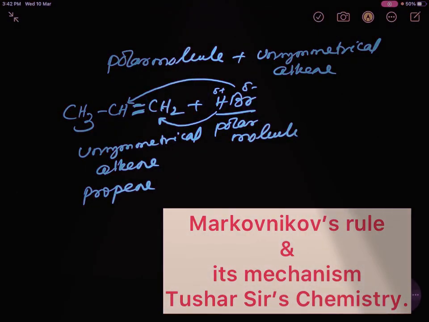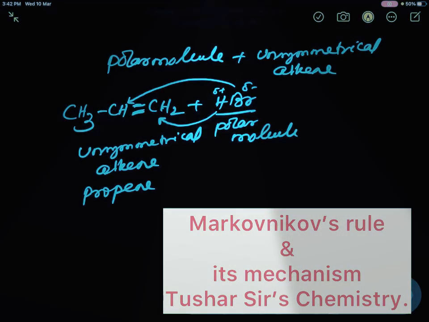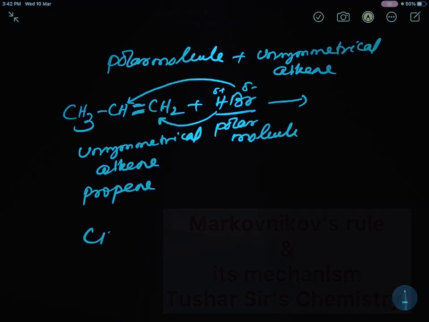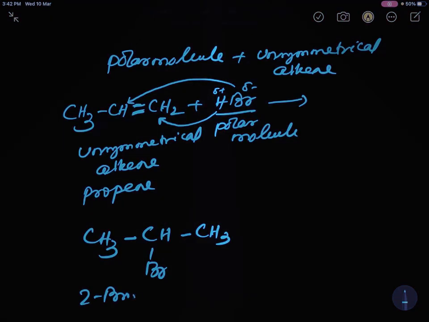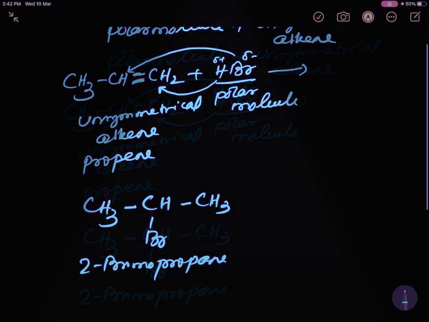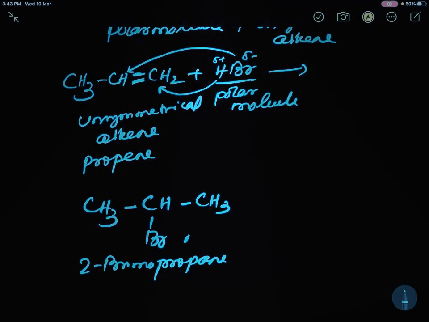This is Markovnikov's rule. So the product will be CH3CHBrCH3. This is 2-bromopropane, and the product is according to Markovnikov's rule, and this is the major product.